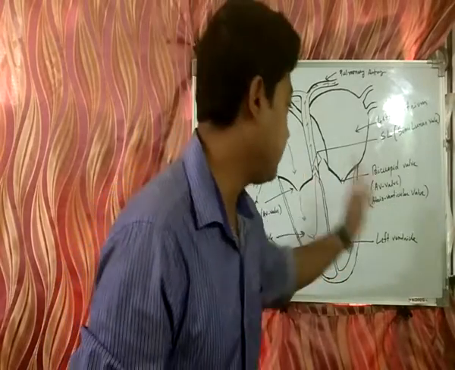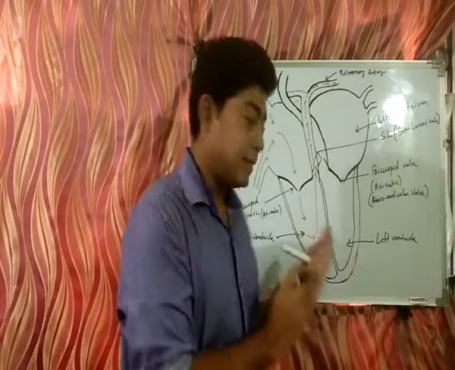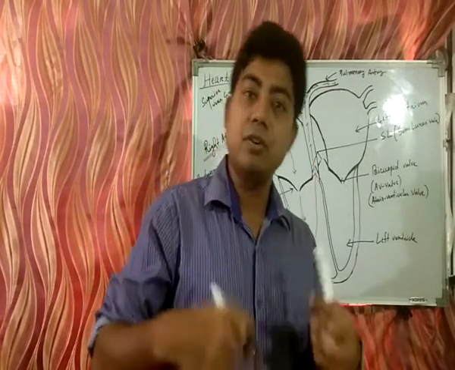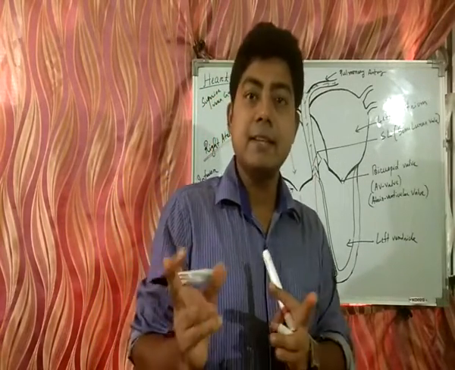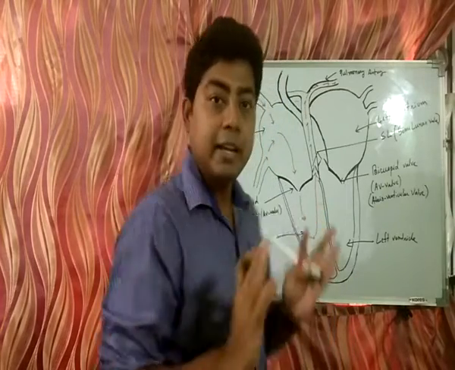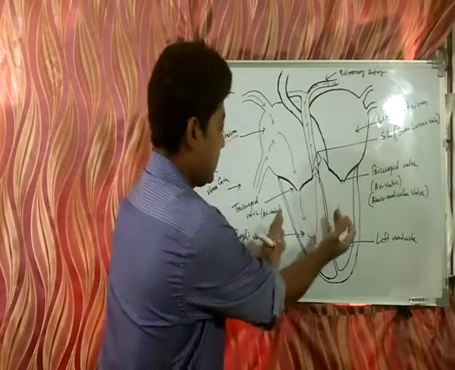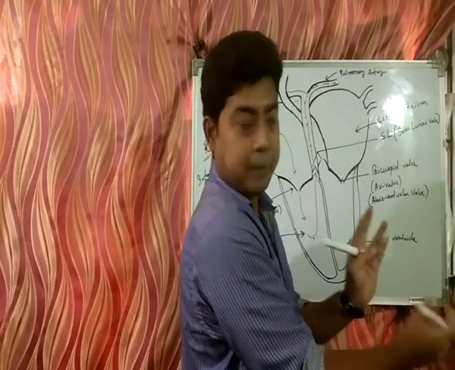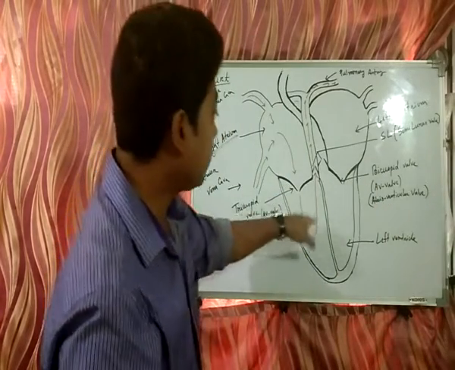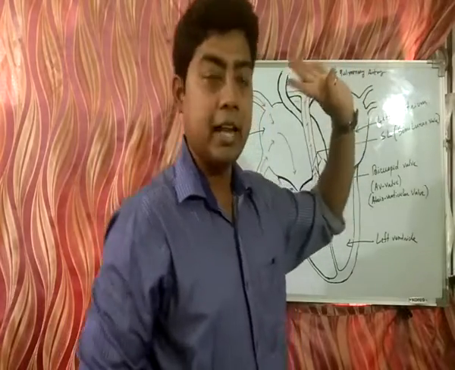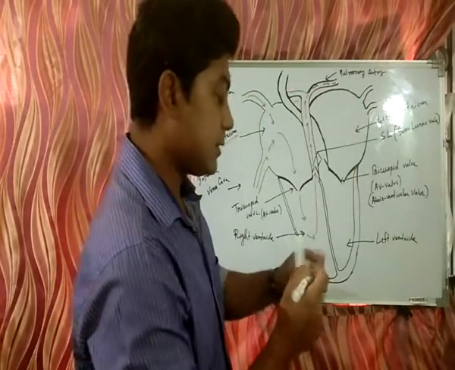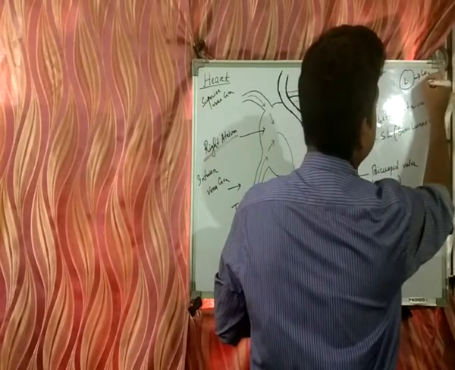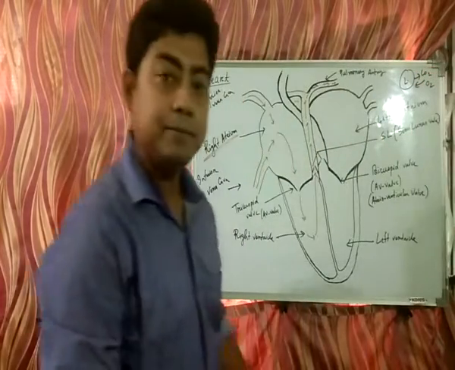Now move to the left side. Though we are discussing the right and left sides separately, they occur at the same time, which we'll discuss in the cardiac cycle part. But for easy understanding, I am discussing the right part first, then the left part. In the lungs it releases carbon dioxide and takes oxygen.